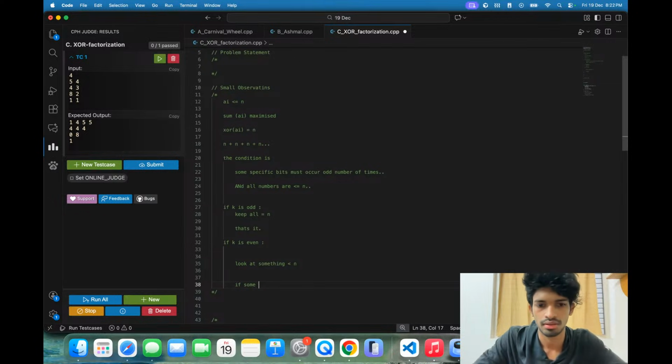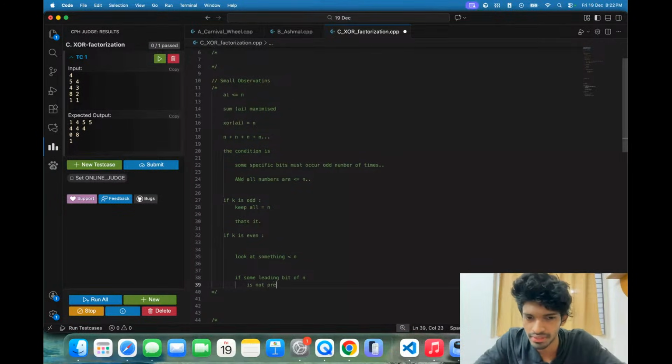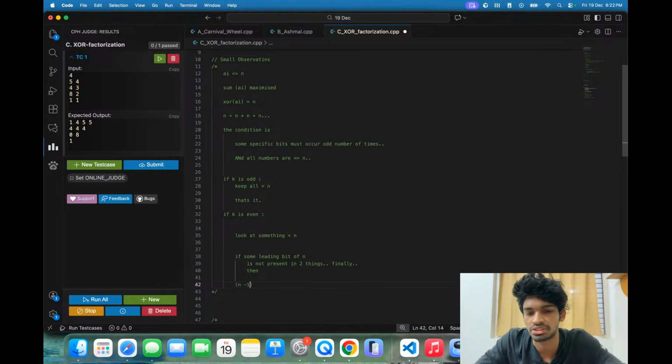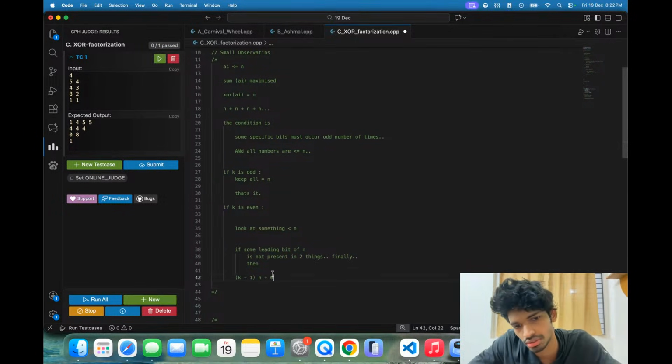If some leading bit of n is not present in two things, finally, then okay, I have an answer which is k minus 1 copies of n plus 0. I think 0 works.